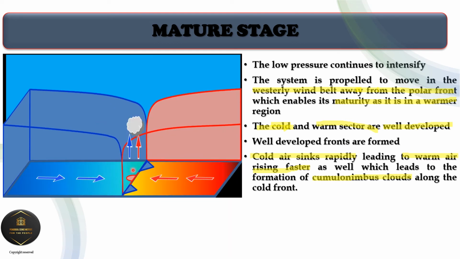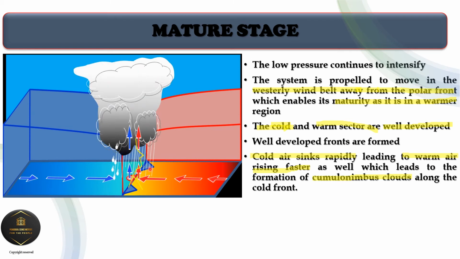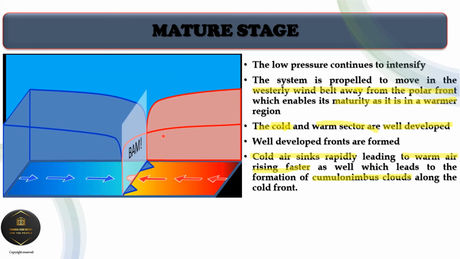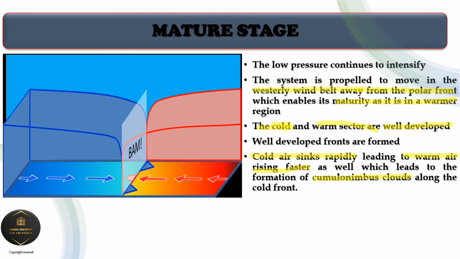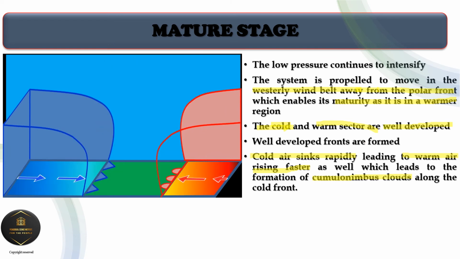Remember, these cumulonimbus clouds will form in front of the cold front. They form in the warm sector in front of the cold front. So let's remember that. That is what will happen in the mature stage.